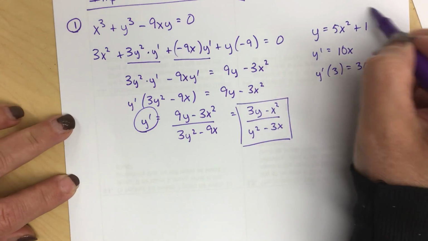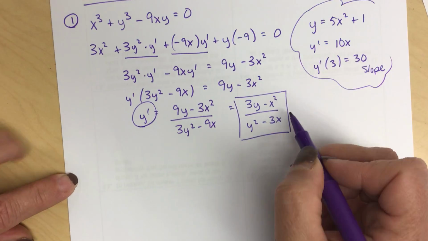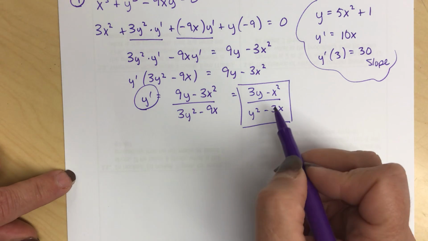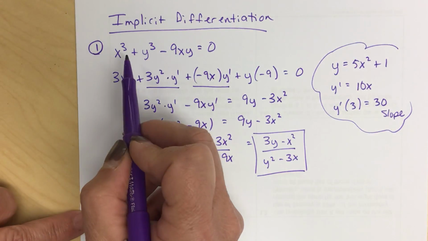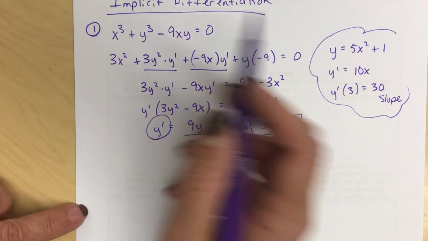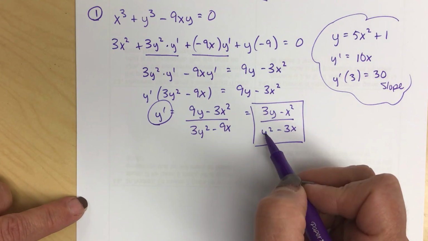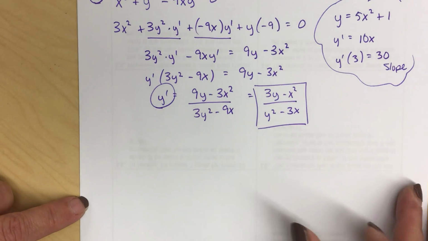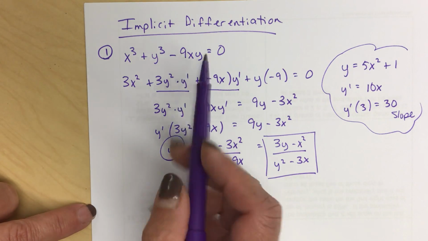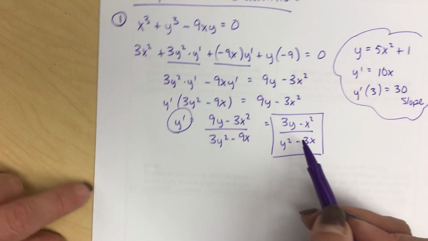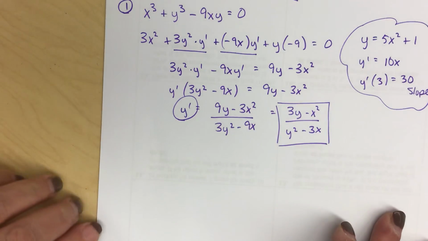Well, here, you would have to plug in an x and a y. Let's say you wanted x equals 1, you would have to plug 1 in here for x, find the y that goes with it, and plug both of those in for x and y to get your slope at that point. And you can graph this on Desmos if you want to take a look at it and see what it looks like, and plug in different values and play around with that.